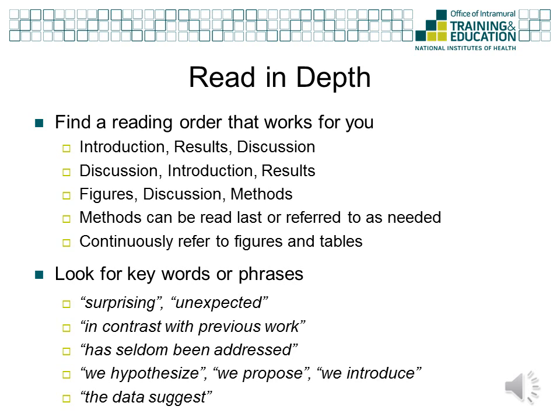Some examples include adverbs such as surprisingly or unexpectedly, and also phrases like in contrast with previous work, this problem has seldom been addressed, also we hypothesize, we propose, or we introduce, and the data suggest. These are only a few examples of commonly used phrases that signal critical points in the paper. The more papers you read, the easier it will be to identify these helpful phrases.